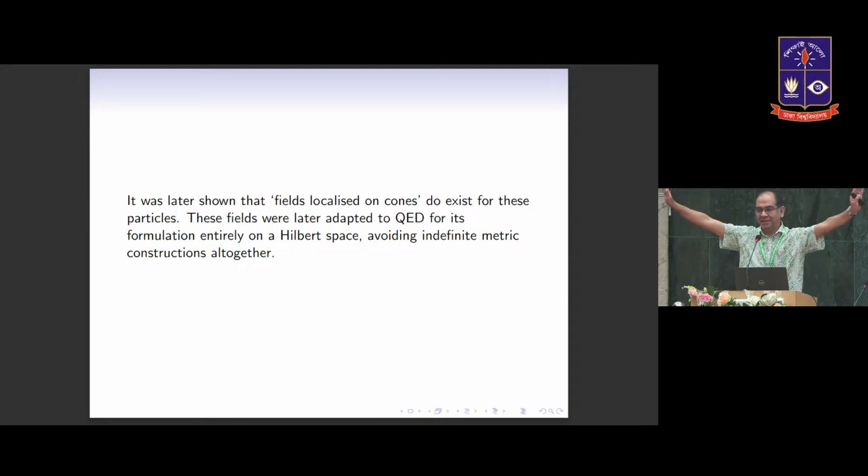If you have a plain sheet and you put a charge, you want to write a continuous spin field, then you cannot write it everywhere on this two-dimensional plane. So you take the charge, draw a line, stretch it out all the way to infinity, and it's sort of like a branch cut, for those of you who have done complex analysis. Away from the branch cut, everywhere else, the field is well defined. This is what people in that literature call fields localized on a cone.